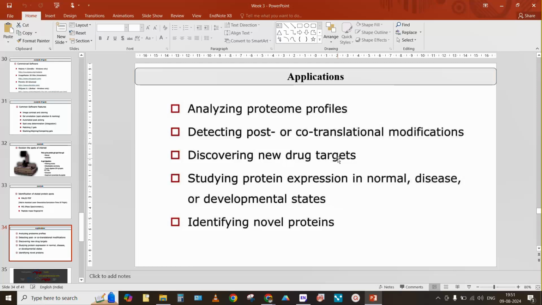Here, 2D gel electrophoresis is particularly effective at separating protein isoforms that differ due to post-translational modifications, such as phosphorylation, glycosylation and acetylation. These modifications can cause changes in a protein's isoelectric point or molecular weight, resulting in distinct spots on the gels.